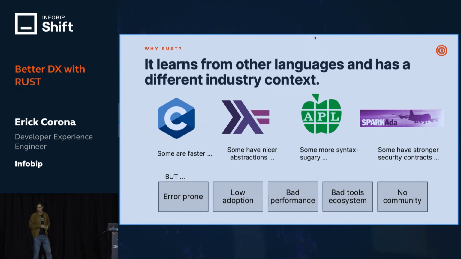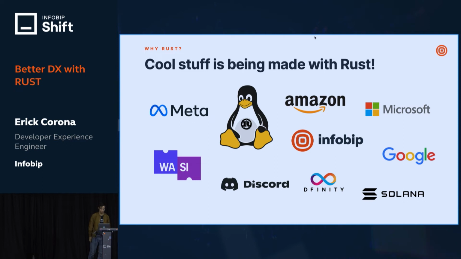It doesn't have good performance, and the ecosystem of tools is not so great. We have some languages like APL, which have very nice syntax, very concise, but the same problem. It doesn't have the same performance or the same ecosystem. And we even have some languages that give you stronger security contracts, but it's the same. They don't have the same context.